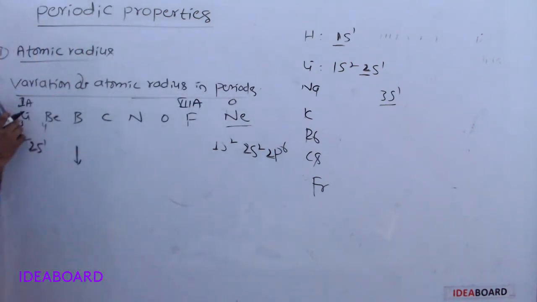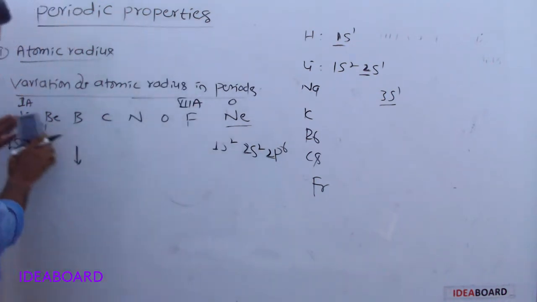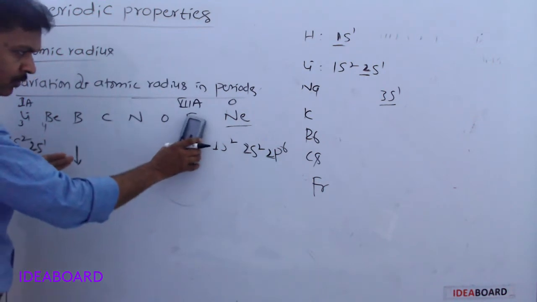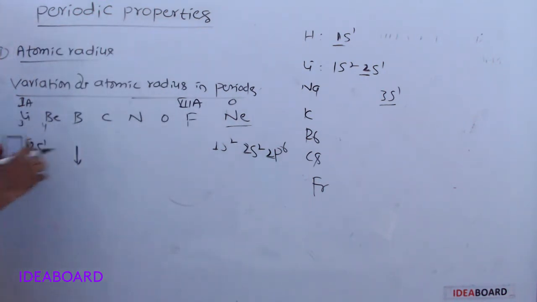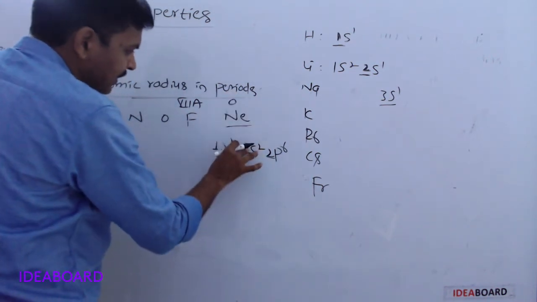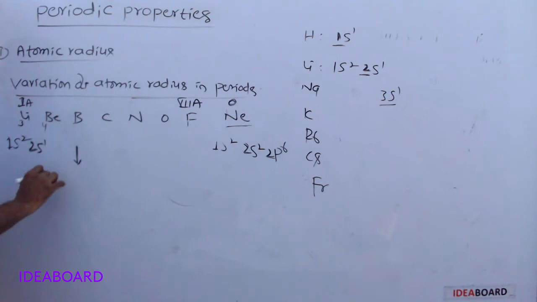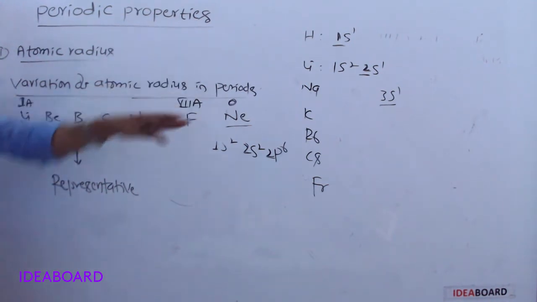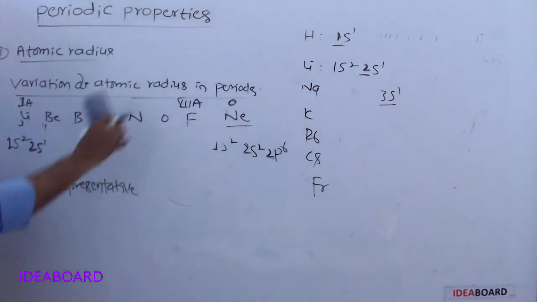That's why, left to right, atomic radius decreases up to the 7th A group, from first A to 7th A. In every period, except the 0 group, the remaining s and p block elements are called representative elements.